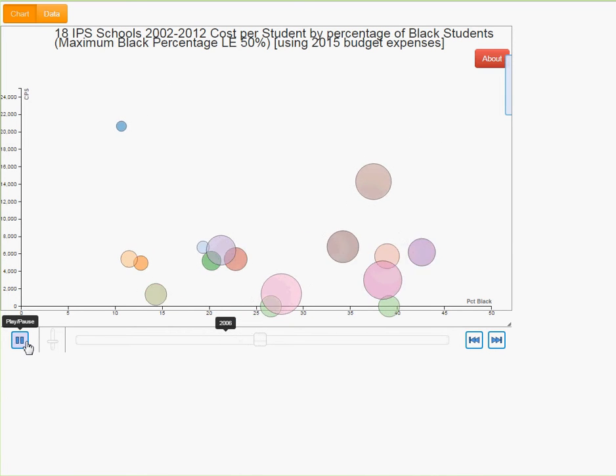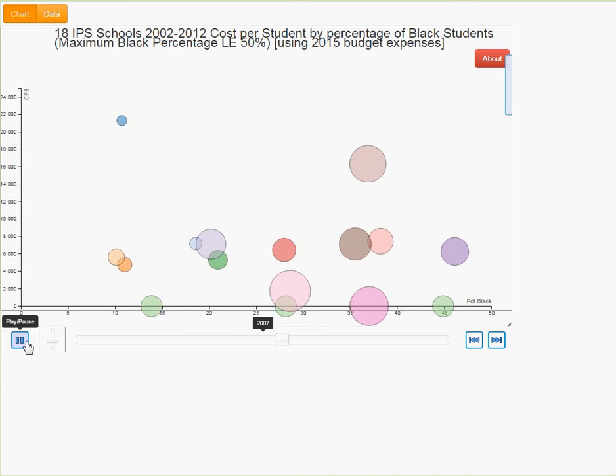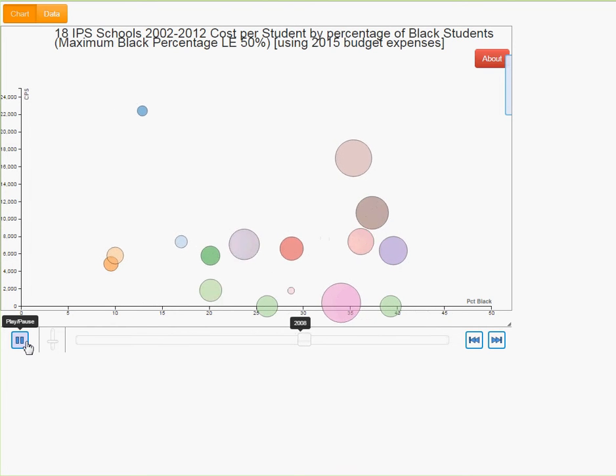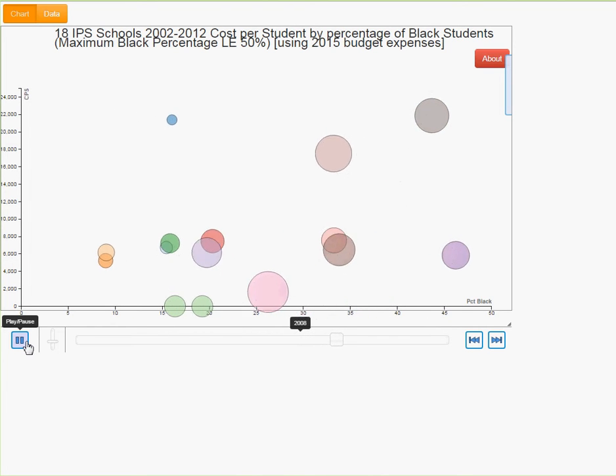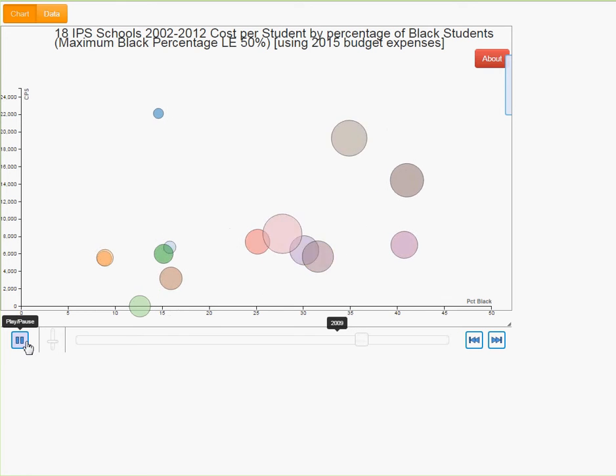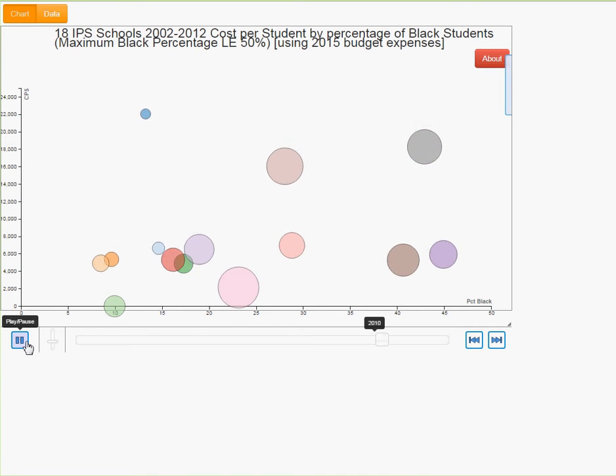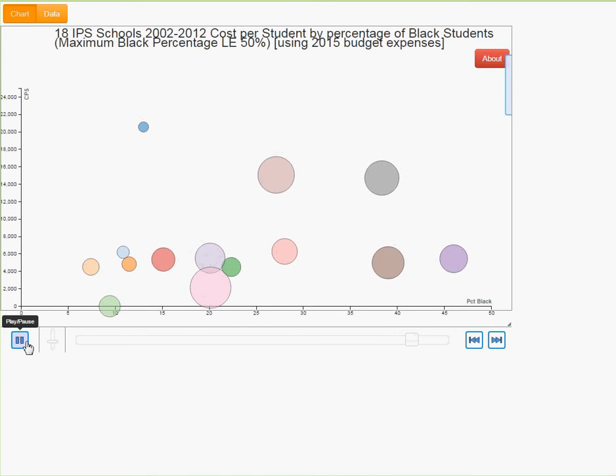We're at 2006 now. So you can follow this, and if you fixate on a particular bubble, you can see how it moves across both of these axes over time. So I think that's the thing of interest, particularly once you've singled out a school or a group of schools.